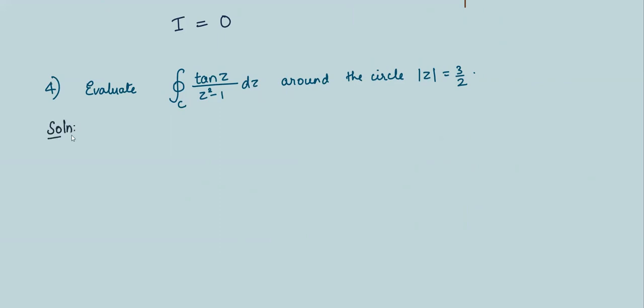Now we have to note that tan z is not analytic at z equal to plus or minus pi by 2, plus or minus 3 pi by 2, plus or minus 5 pi by 2, and so on.